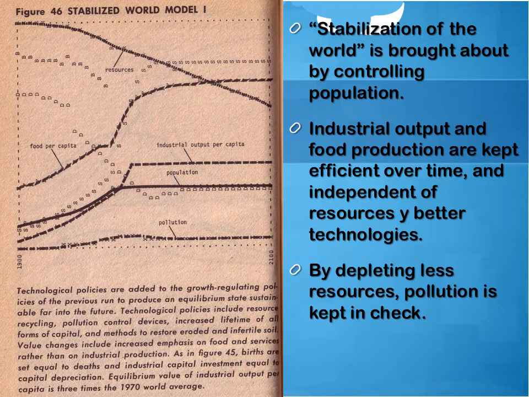Now, by depleting fewer resources, pollution is kept in check. But again, these are unrealistic scenarios, and I think, in retrospect, considering these scenarios subtracted a little bit of credibility from the study. I probably would have included just one for the sake of showing, but nothing else.